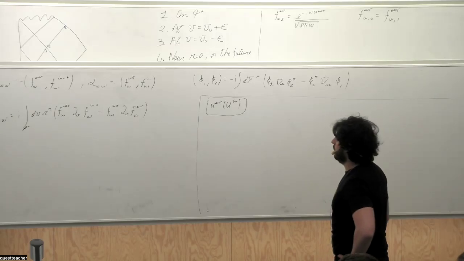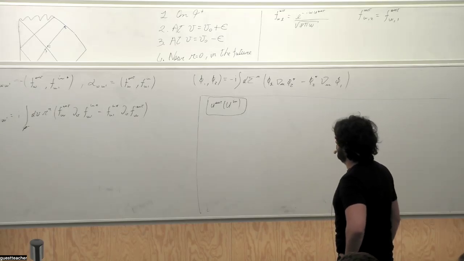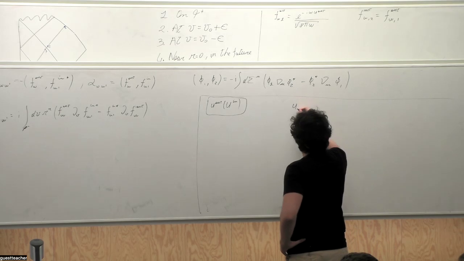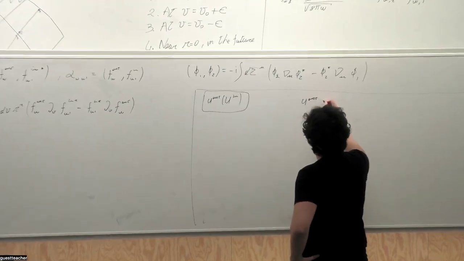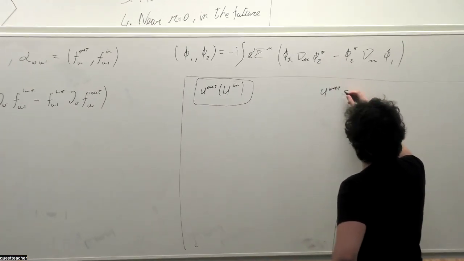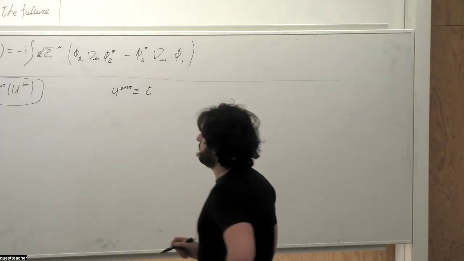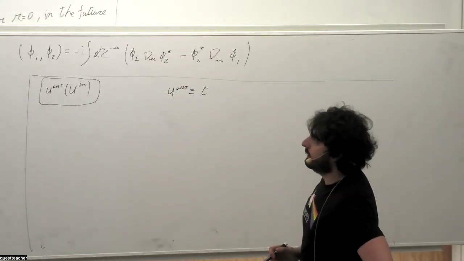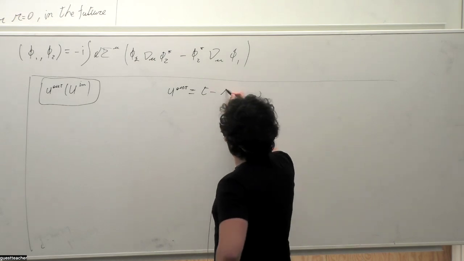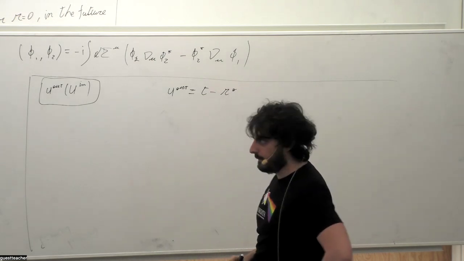So let's see how to do that. u out was defined as t minus r star. We've seen this before.